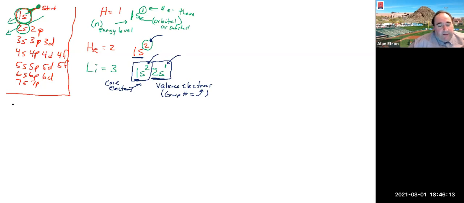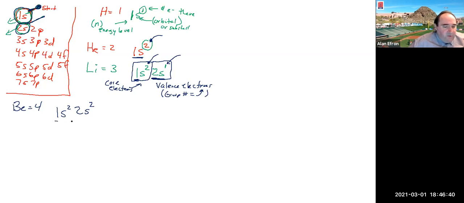All right, so let's take a look at beryllium, which is number 4. Again, it's going to have 4 electrons. We're going to start again up here, which is going to give us 1s2. That is now full. Again, we need to zigzag back around here to 2s, and we can put 2 more electrons there, and it would be 2s2. That is now 4 electrons up on top.